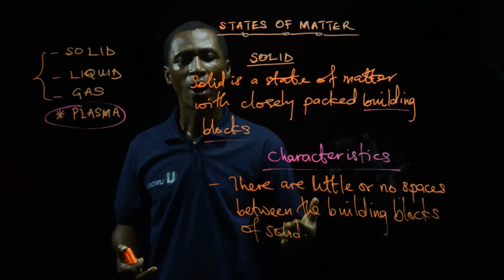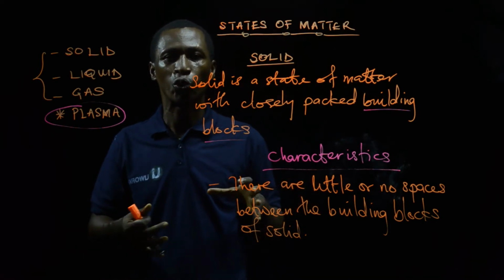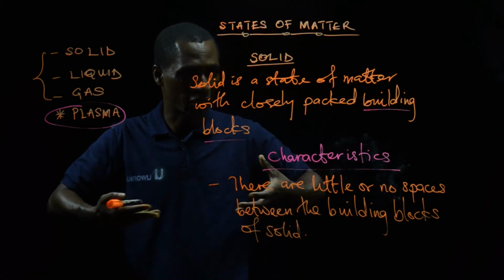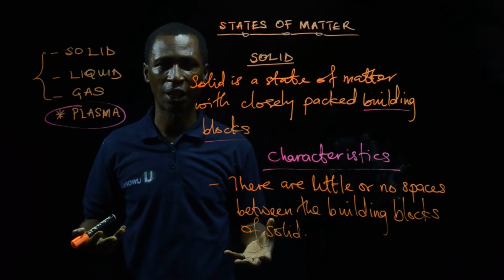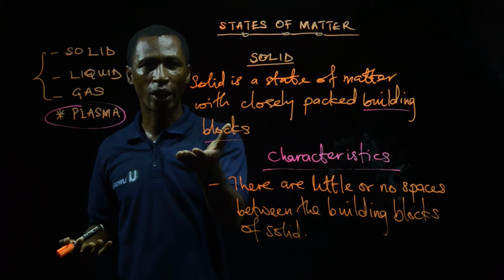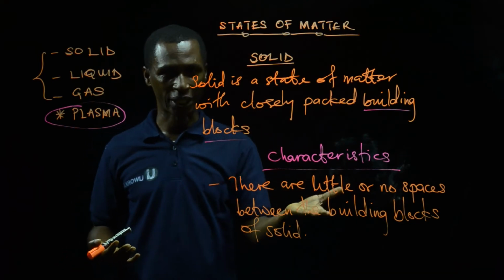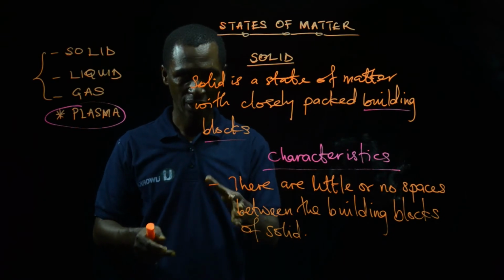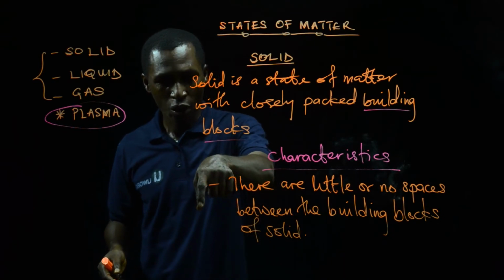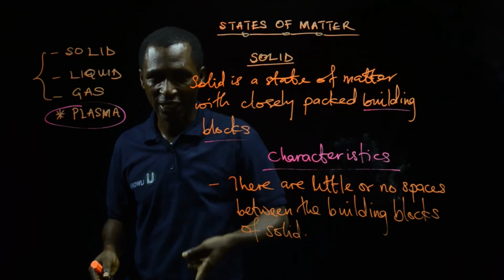Metal will require more. And there are some that require little energy to break away, to disintegrate the building blocks between them. The toothpaste I made mention of is a typical example. The local palm oil, if it's allowed to be there, becomes cake. That cake thing, you can draw your hand through, you can just use the finger to partition it into two.